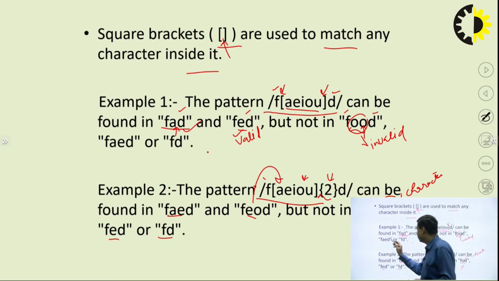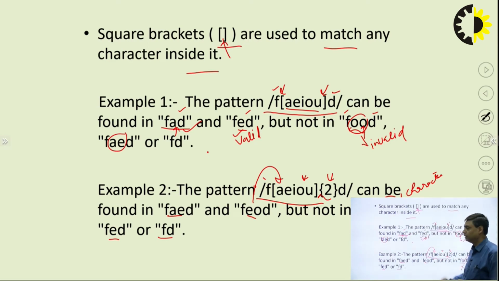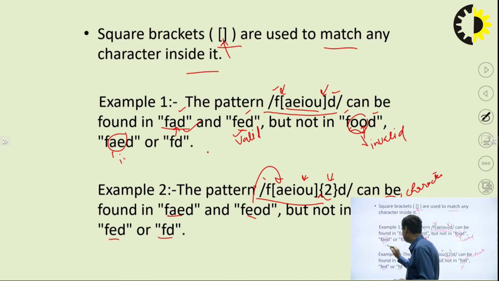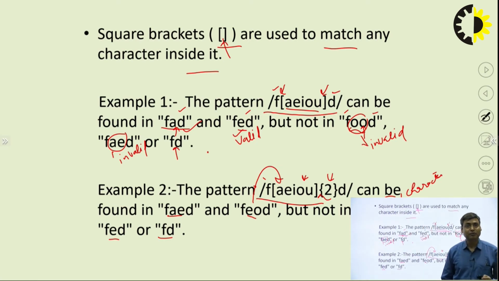Similarly, here there are 2 characters we have taken from this set, therefore it is invalid. And here no value is there, at least 1 value must be there. Then only it will match with this regular pattern.